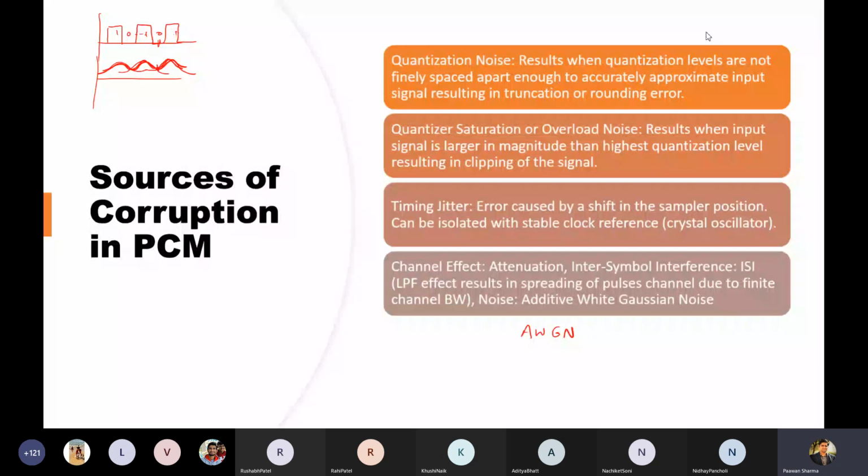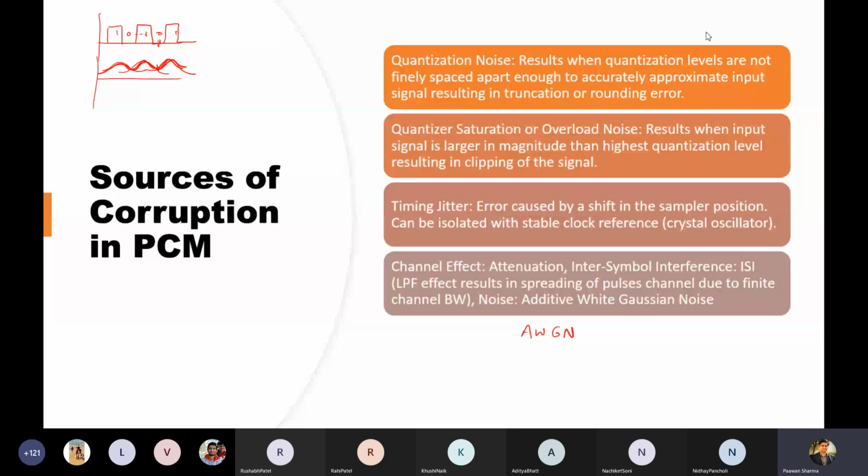Similar counter actions are taken to nullify the impact of AWGN, the addition of noise. So we will see these topics in detail whenever a specific modulation scheme and channel selection come up in further units. Okay.